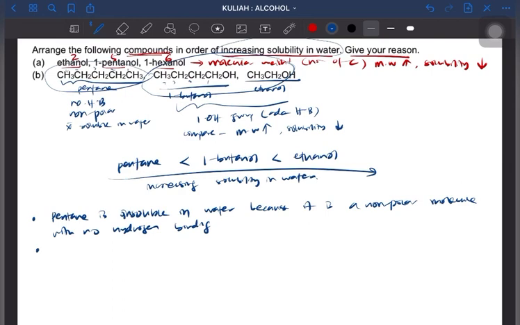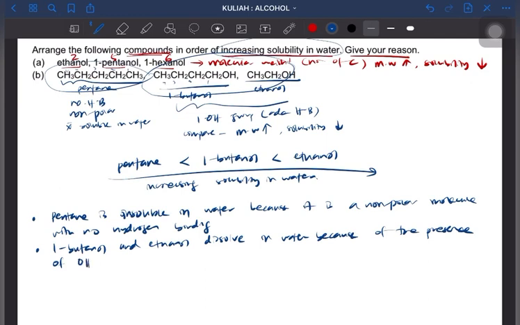Okay, next kita cakap lah 1 butanol. Okay, 1 butanol and ethanol dissolve ataupun soluble in water because of the presence of OH group that can form hydrogen bonding with water molecules.